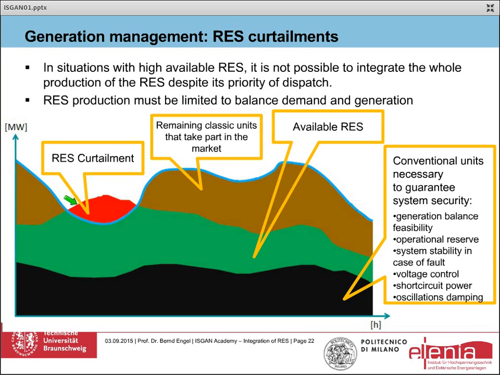If we have too much renewable energy sources, we need this curtailment, so that renewable energy sources production must be limited to balance demand and generation.